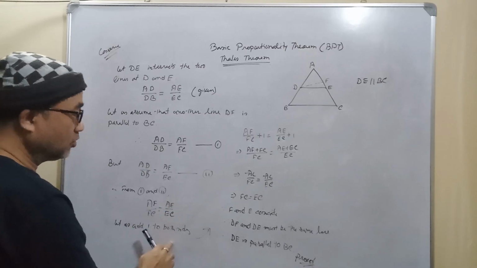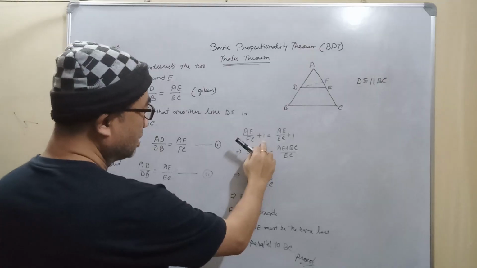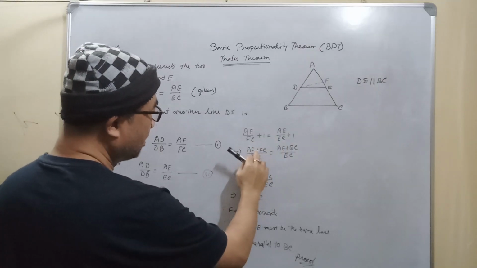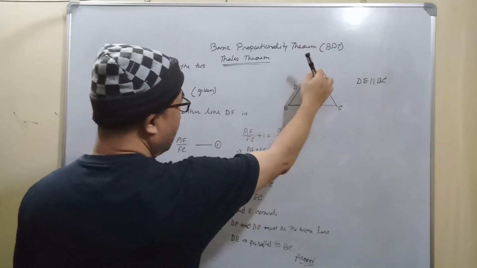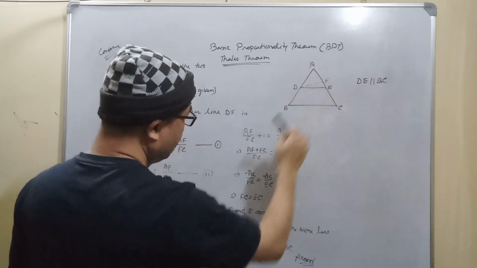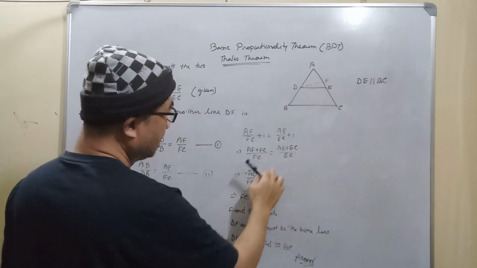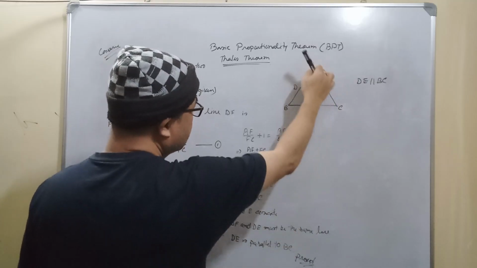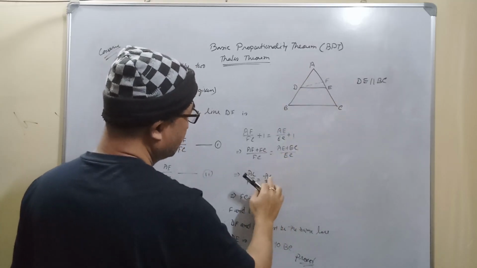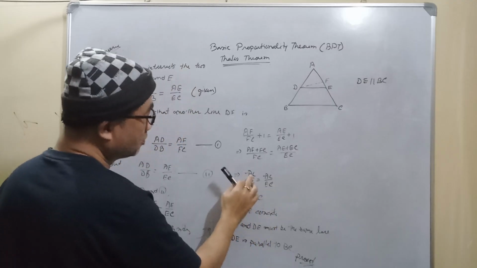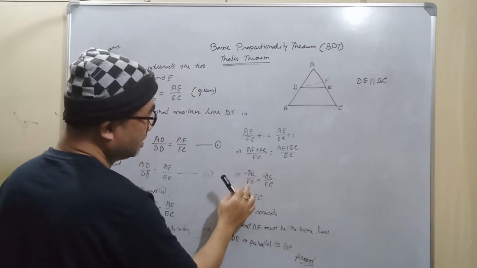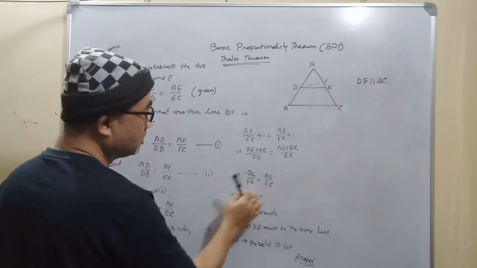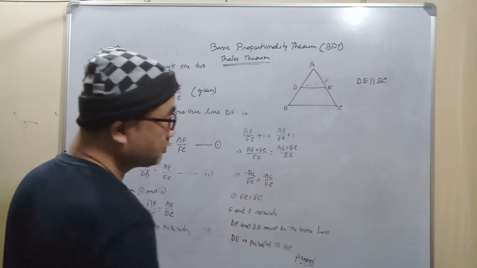Then we add 1 to both sides like this, we get AF plus FC, which is AC by FC. Then again AE by EC, AE plus EC is the whole line AC again, so we get AC by EC. So AC is equal to AC, so FC must be equal to EC, right?